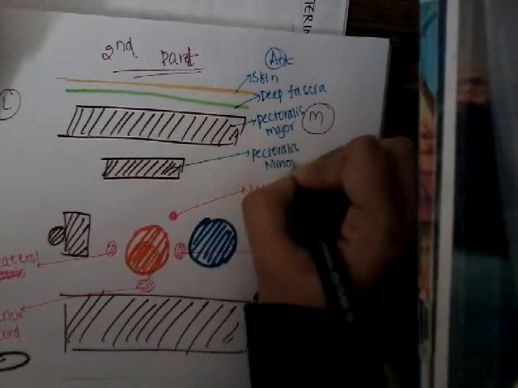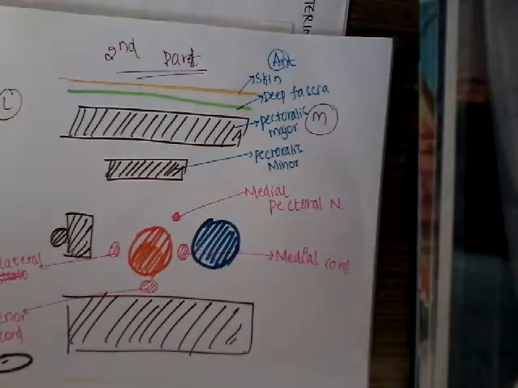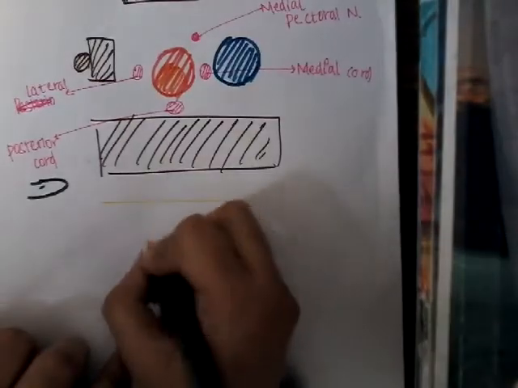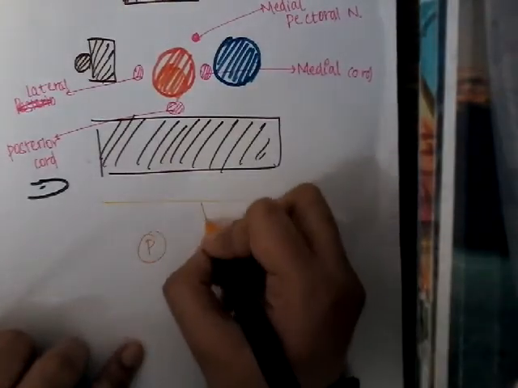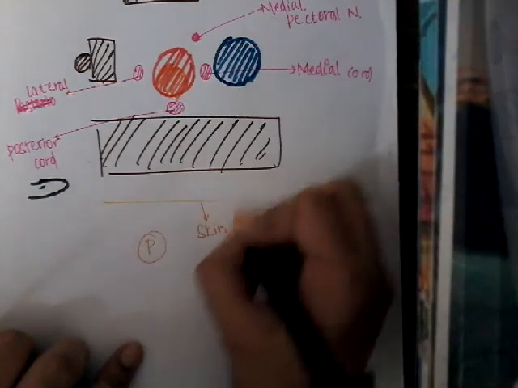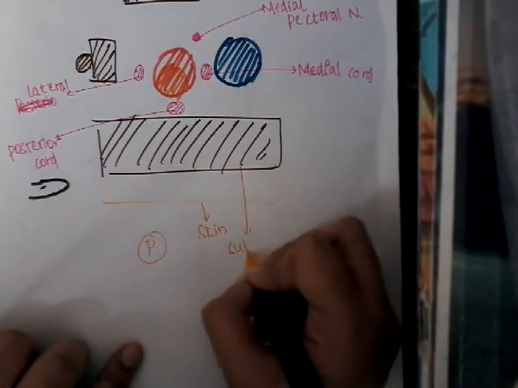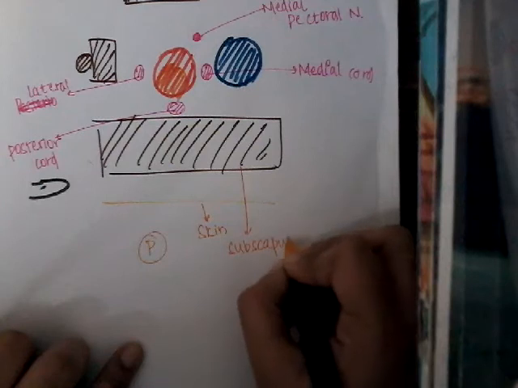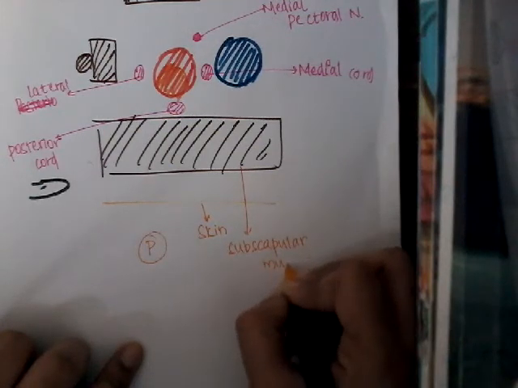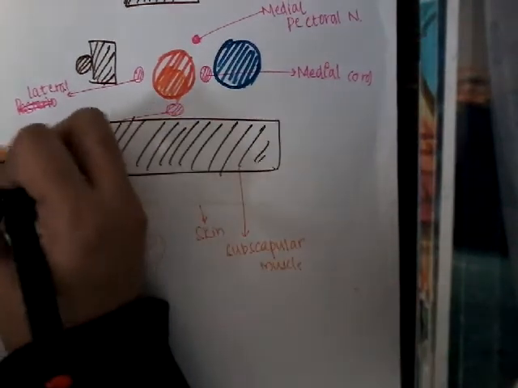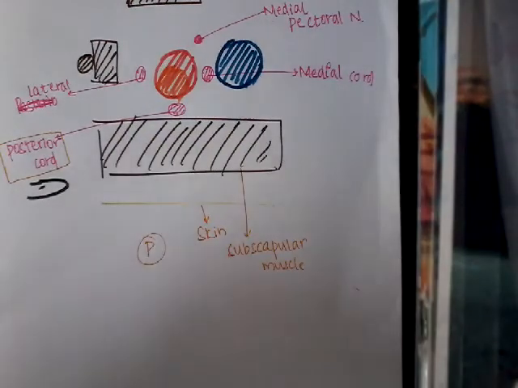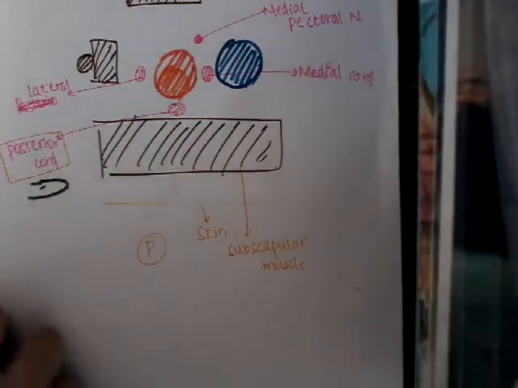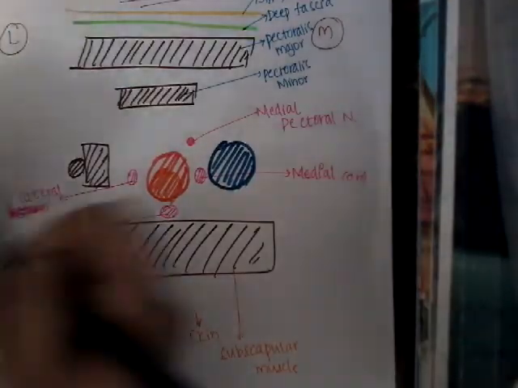Okay, and posteriorly, this is the posterior relationship. Posteriorly you will have skin and then subscapularis muscle, and also the posterior cord of brachial plexus. Okay, now what do you have laterally?